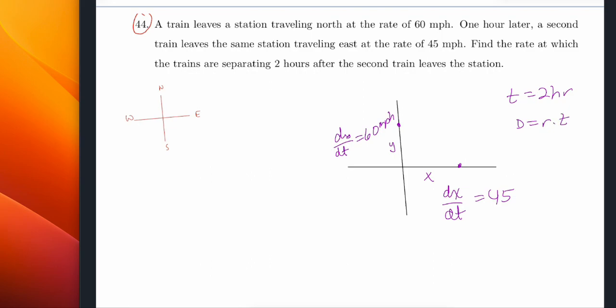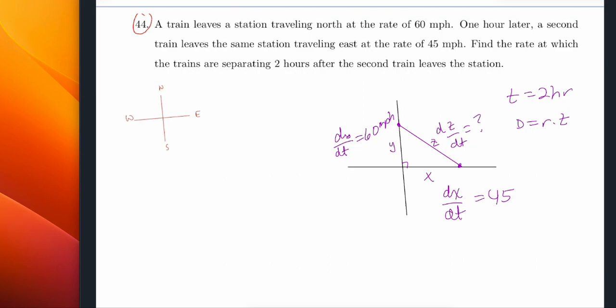Okay. So they're separating, we're looking for this. We're going to label that C.